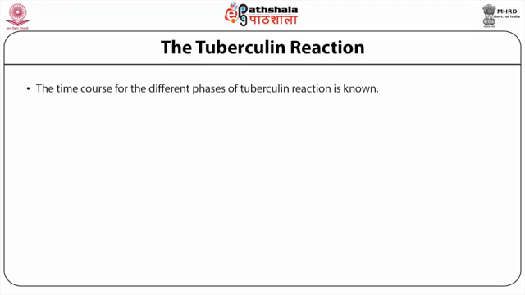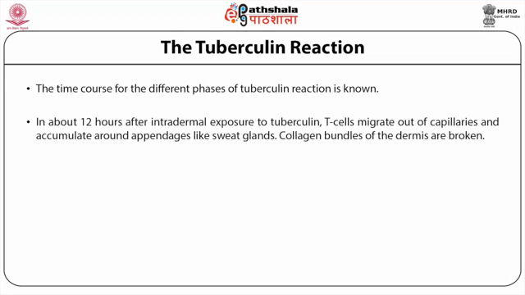The time course for the different phases of the tuberculin reaction is shown here. In about 12 hours after intradermal exposure to tuberculin, T cells migrate out of capillaries and accumulate around appendages like sweat glands. Collagen bundles of the dermis are broken. By 48 hours, CD4 positive cells outnumber CD8 positive cells by a ratio of 2:1.